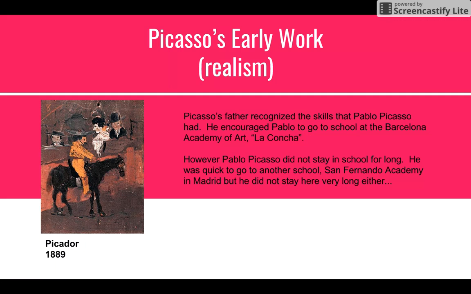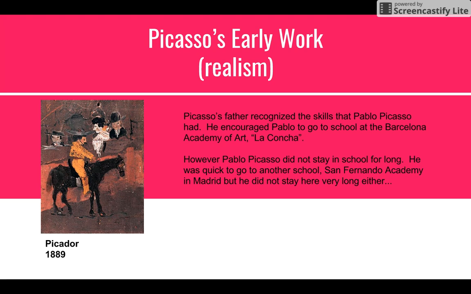So Picasso's early work, he actually started painting when he was 8 years old. So this image that we have up here, Picador, 1889. He created oil on canvas at the age of 8. And as a young artist, his father actually recognized his abilities, and he was the one that helped him get into school.